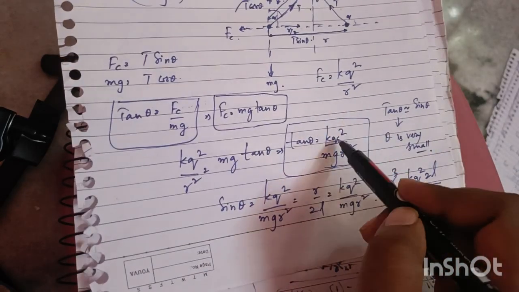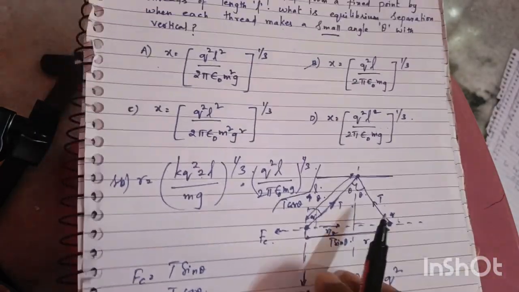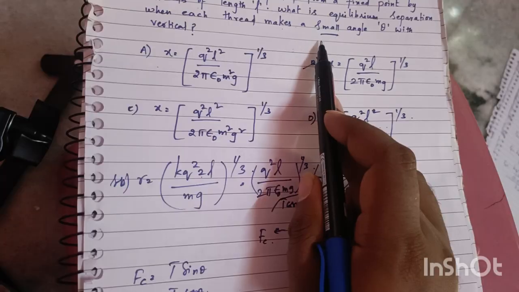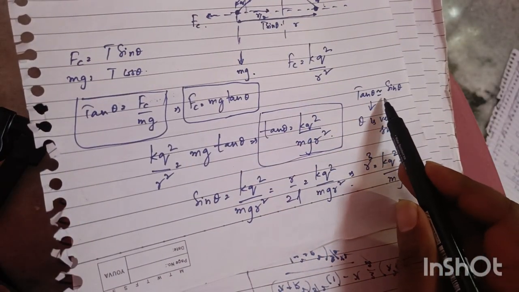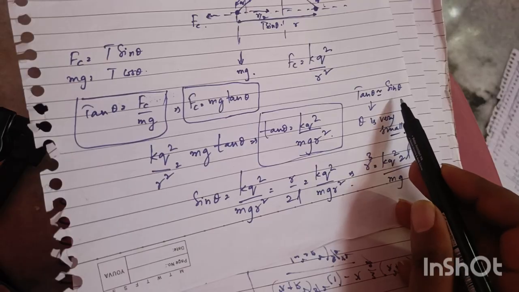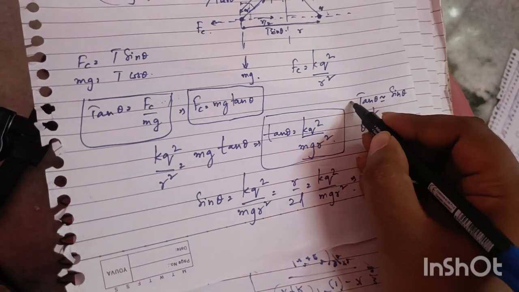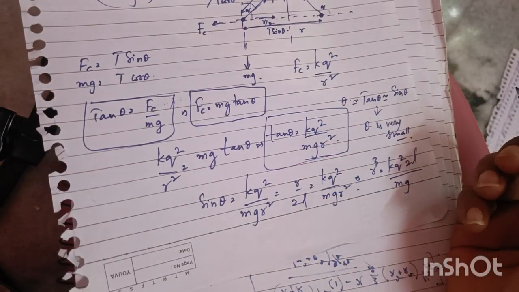From here I got tan theta, and in the problem they mentioned a small angle, so when theta is small, tan theta I can equate almost to sin theta, which in turn equals theta.